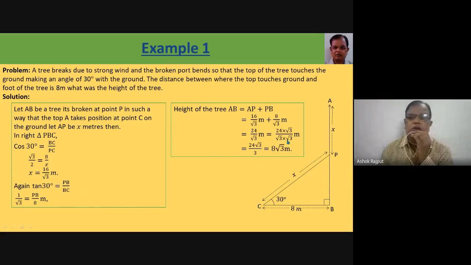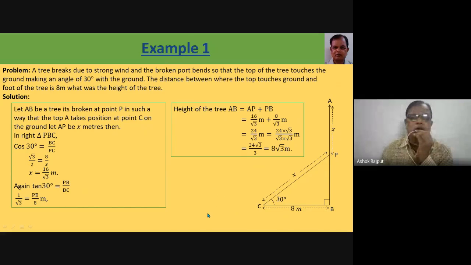Because we want to rationalize the denominator, we multiply root 3 in the numerator and denominator. Now it is 24 root 3 by root 3 into root 3, which is 3. 3 8s are 24, and it is cancelled here. Now we are getting 8 root 3 meter.